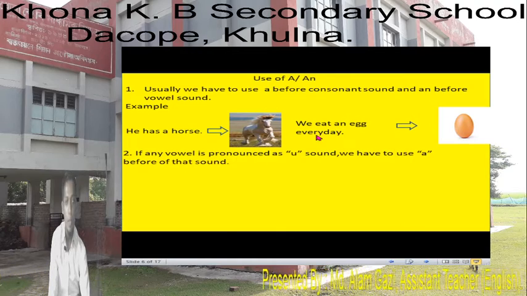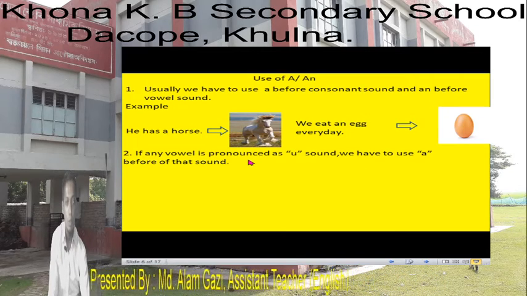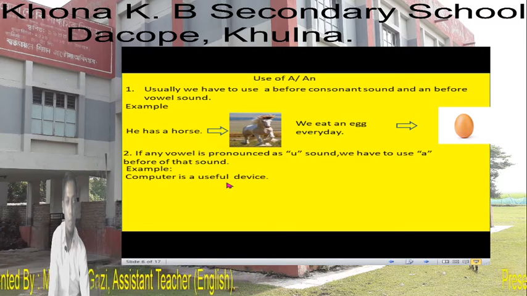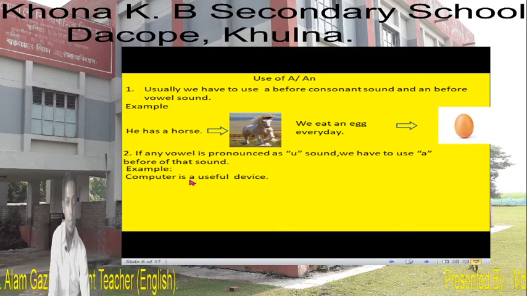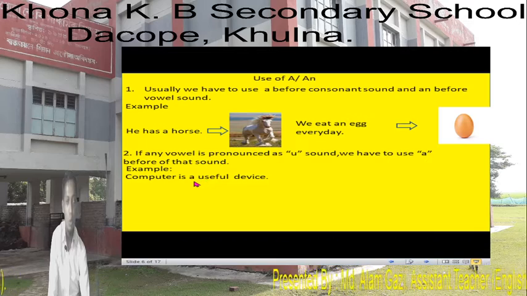If any vowel is pronounced as u sound, we have to use a before that sound. For example, computer is a useful device. Here in the sentence we use a before useful because here u is pronounced as u, so we use a before useful.